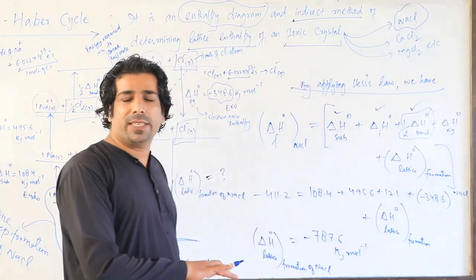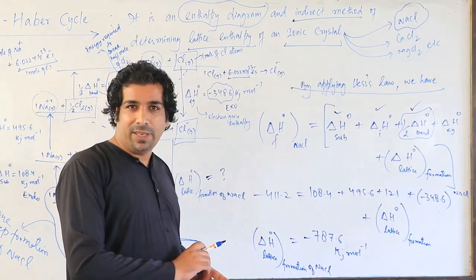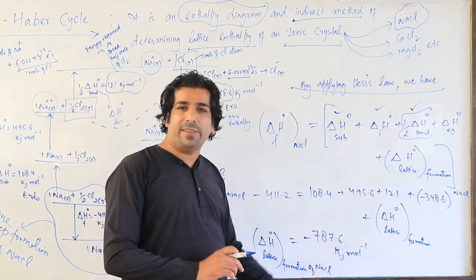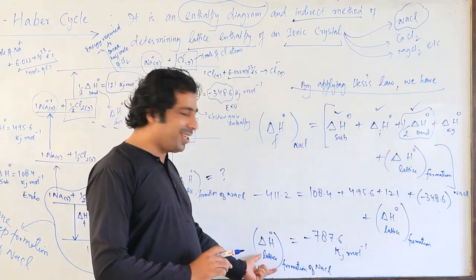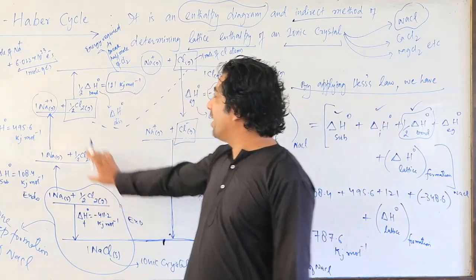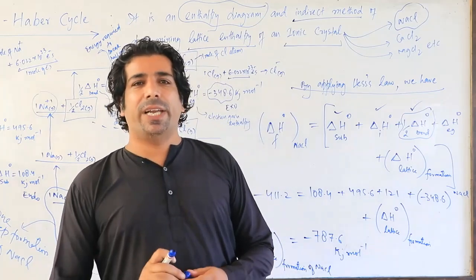Exactly opposite of that, that is plus 788. Or you can write plus 787.6. In round off it will be 788 only, my dear friends. So overall we calculated this by applying Hess's law and by using the energy diagram given by Born-Haber. I hope everybody has understood this.